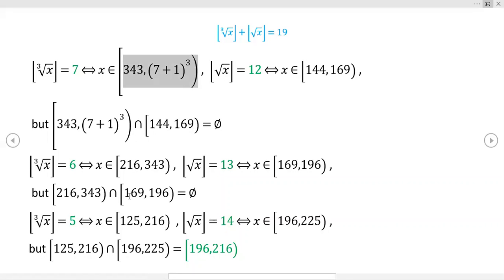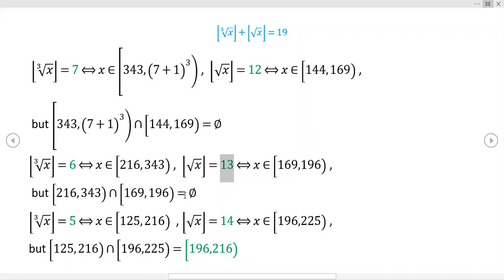So you see, there's nothing fantastic about this method. You're just trying things that you think might be close and seeing if it works. Now again, right here, the 6 and the 13 add up to 19 like we want. But we're getting a little closer here though. You can see 13 squared is 169, 14 squared is 196, which is why this works.